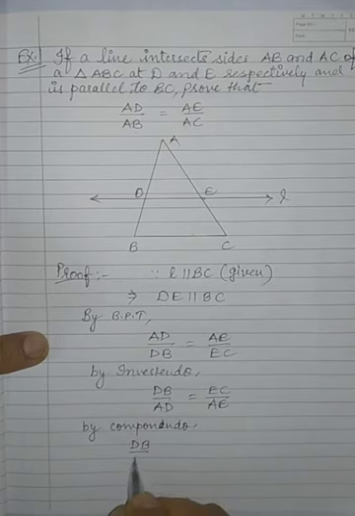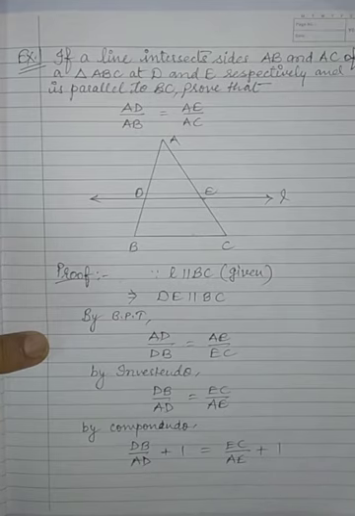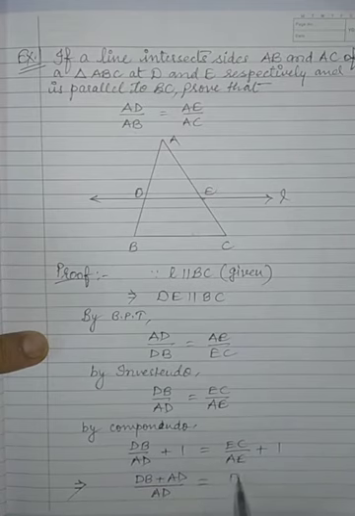So DB upon AD plus 1 is equal to EC upon AE plus 1. This means that by taking out the LCM, DB plus AD upon AD is equal to EC plus AE upon AE.